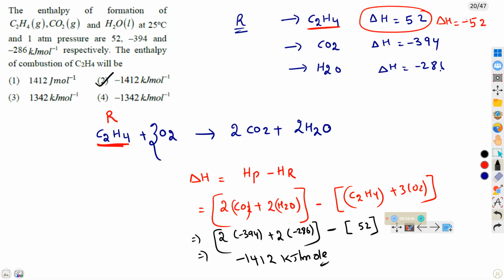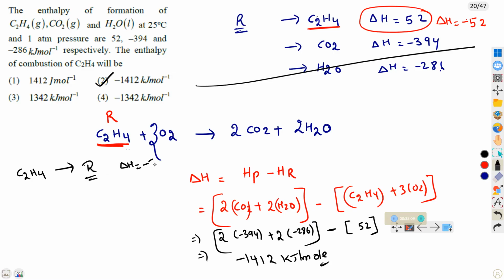This is one way. Otherwise, reverse the reaction another way by using these three equations. Frame this equation: C2H4 gives rise to some R, delta H is equal to minus 52.